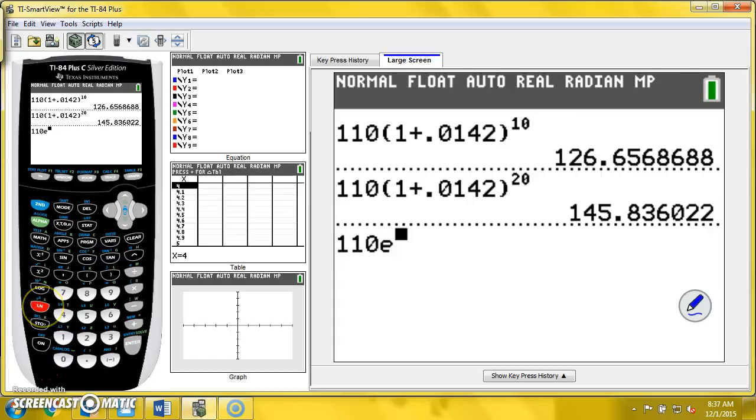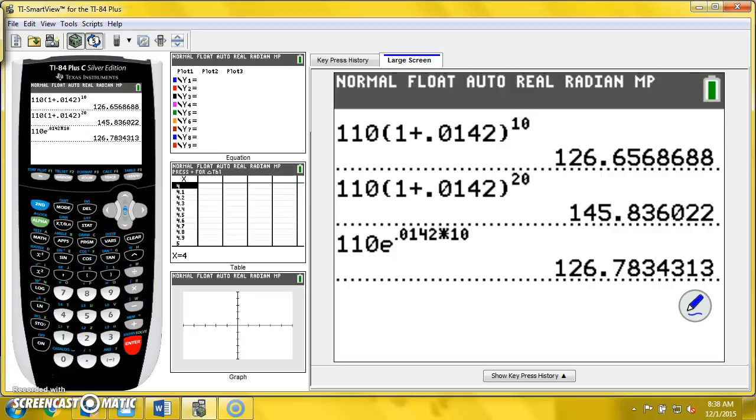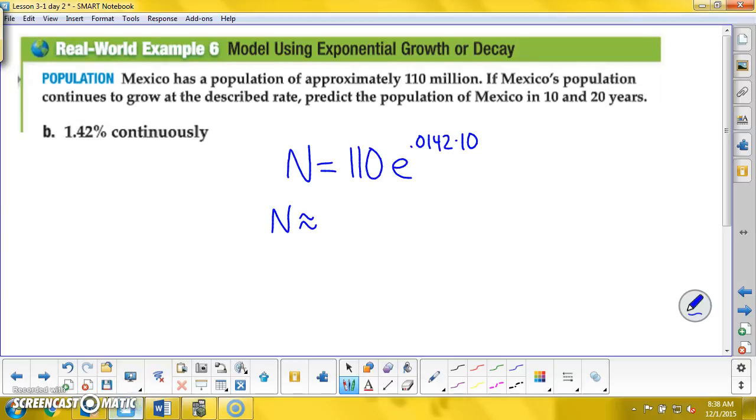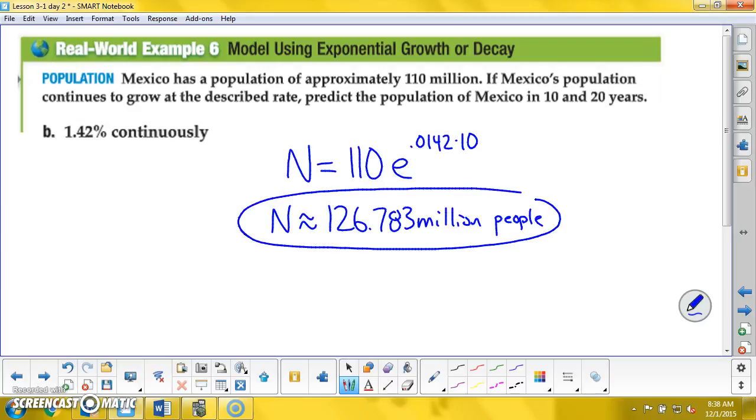Second ln gives you e raised to the, and then we type in 0.0142 times, it was 10 years, wasn't it? Press enter. We got 126.783. Okay, so that's one of our answers.